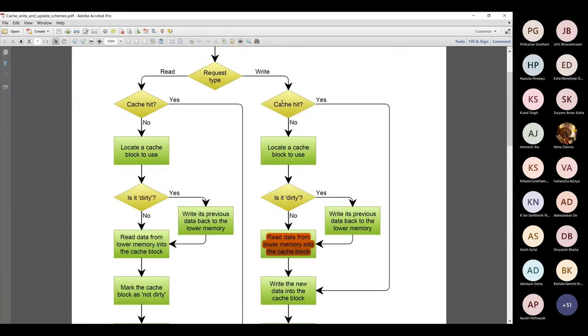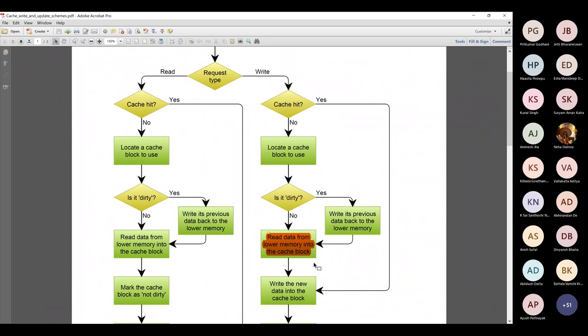Secondly, if there is a write miss, I look at where I want to have the hit. Is it dirty? If it is dirty, I synchronize it with the memory below it, to main memory. And then you read the data from lower memory into the cache block. Why is this red marked?